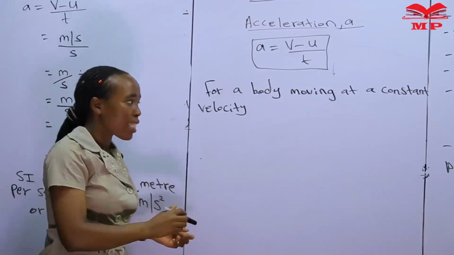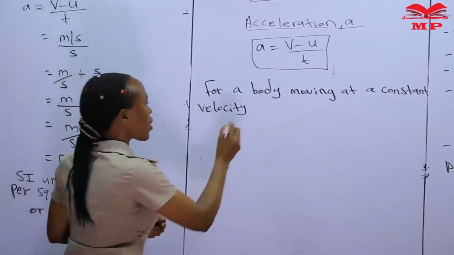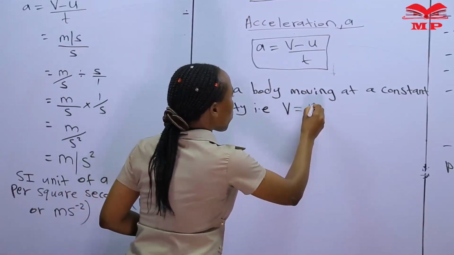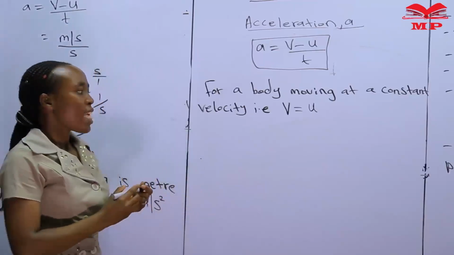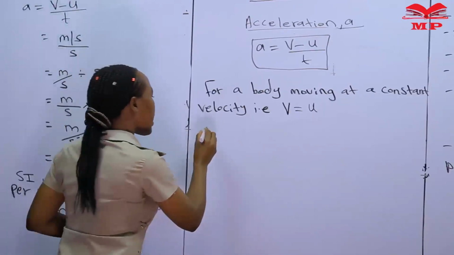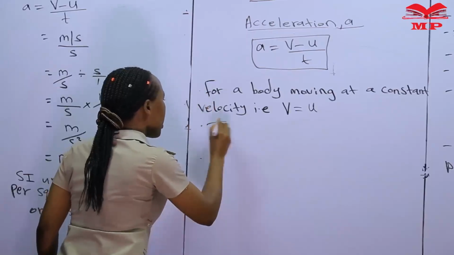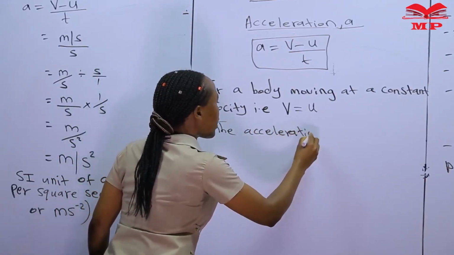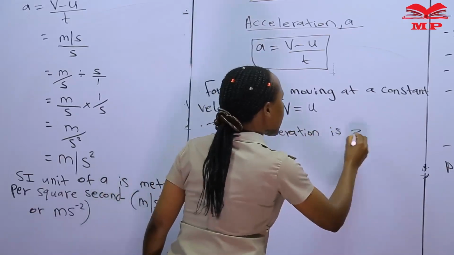The initial velocity is equal to the final velocity. Therefore, it means that the acceleration for such a body is zero.